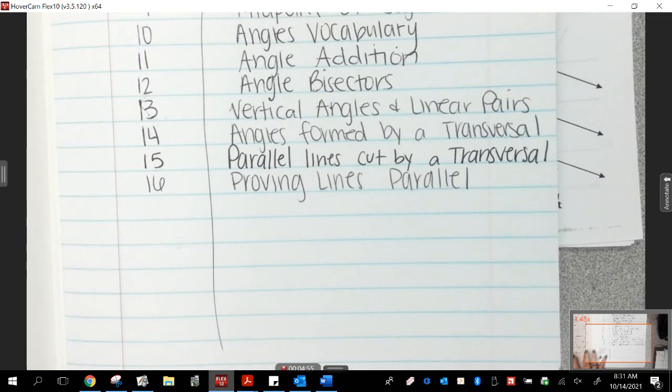Right there. Oh, it's the yellow. Why you got so much attitude today?